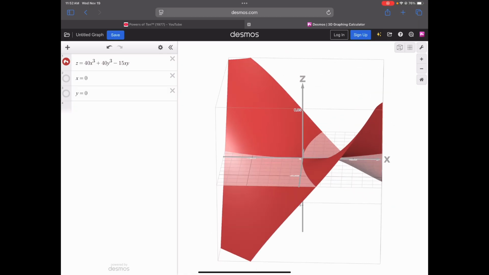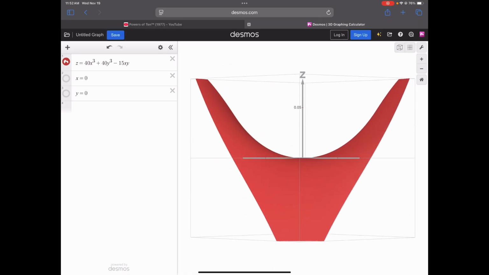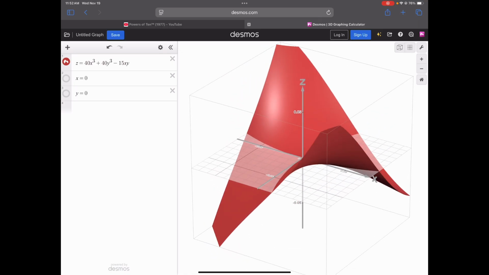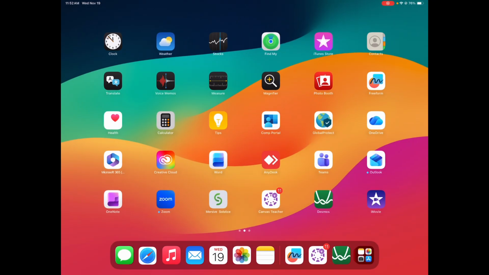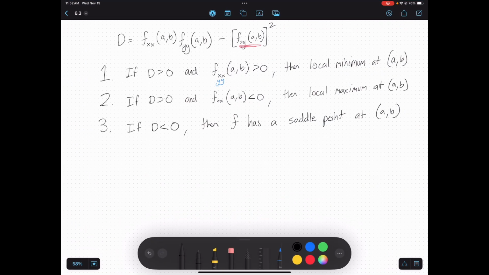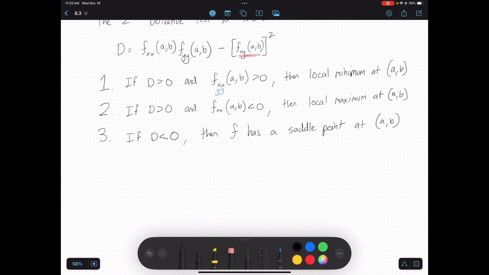You could think about sitting down in this spot, right? Like you're on a saddle of a horse. That's why it's called a saddle point. So it still pops up as a critical point, but it's not a local min or a local max. So if you do this calculation and your determinant ends up being less than 0 or negative, then your function has a saddle point at that critical point.